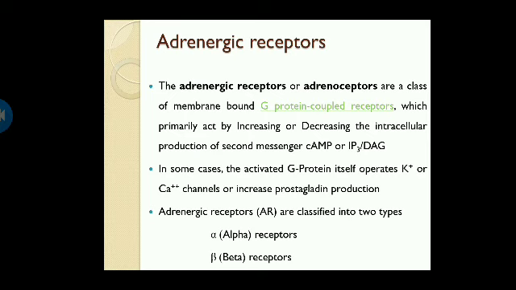This is the main function of adrenergic receptors.